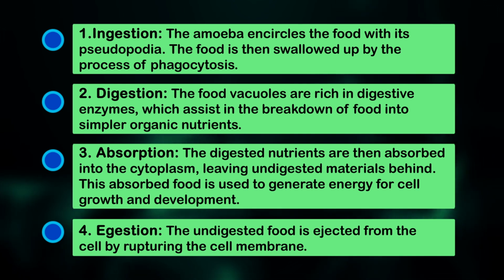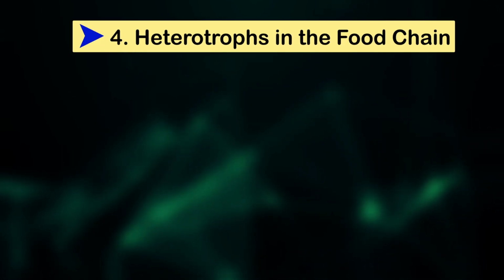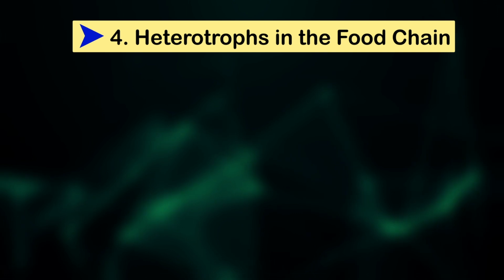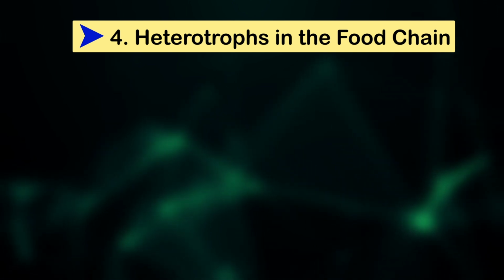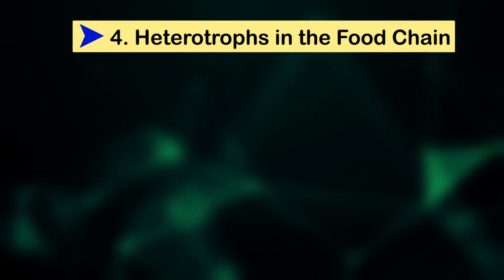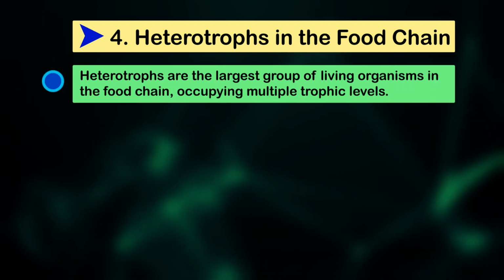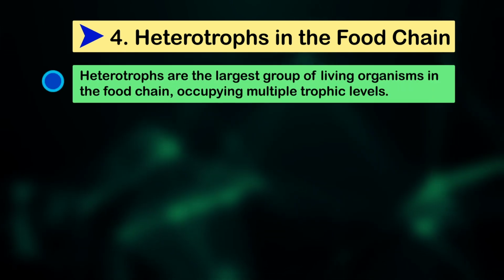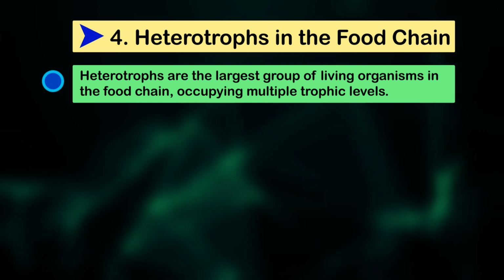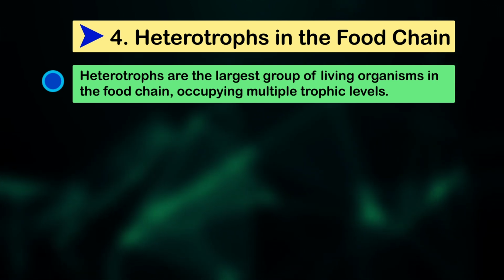Now, let us look into what is actually the role of heterotrophs in the food chain, or how they exist in the food chain. Heterotrophs are the largest group of living organisms in the food chain, occupying many trophic levels.